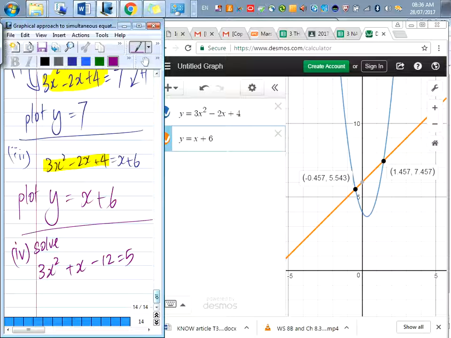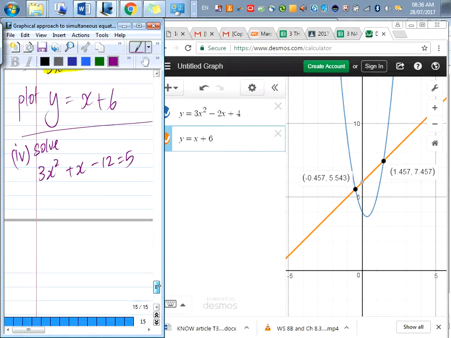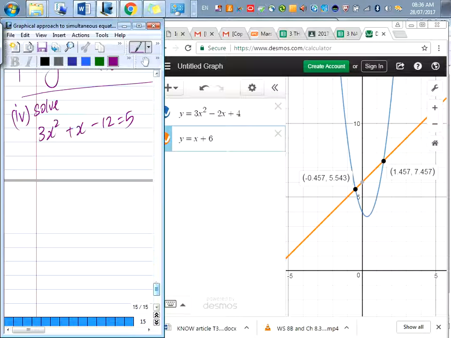Okay, how? What are we going to plot? What are the graphs that we're going to plot? So try this. You need to write it down. You need to work on your textbook.